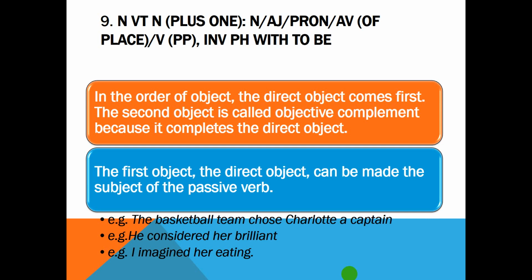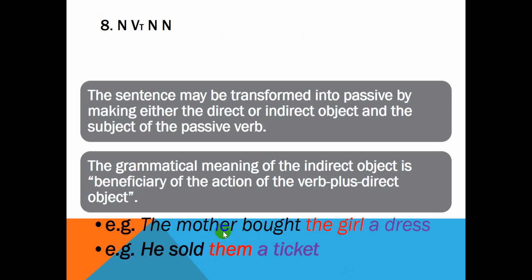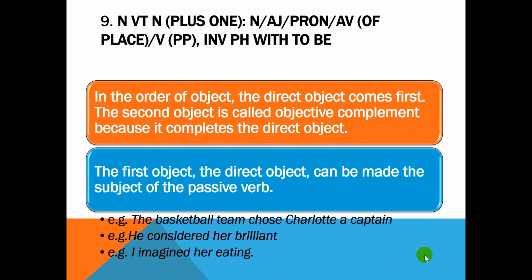So the difference with pattern 8 before: here the position is subject, transitive verb, indirect object, direct object. But in pattern 9, it is subject, transitive verb, direct object, and object complement.